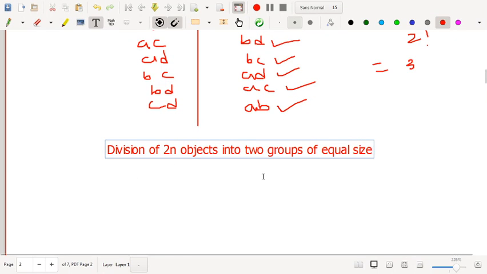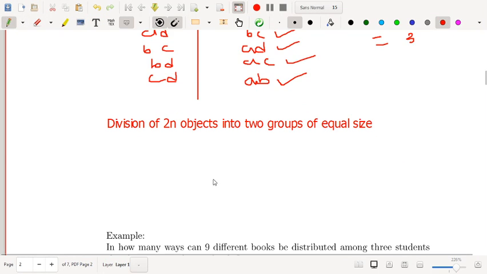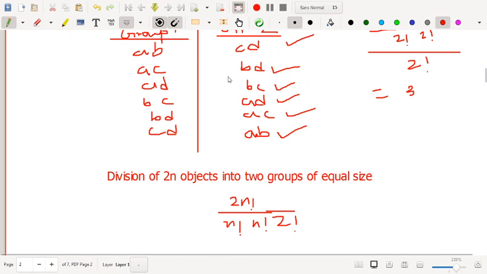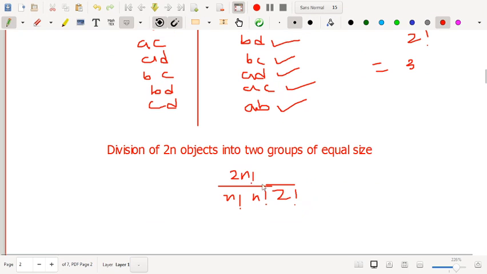So what is the result? Already I have explained, factorial 2n by factorial n, factorial n, because you want equal division, by factorial 2. I have explained this in the case of 4 objects. So this is the result.